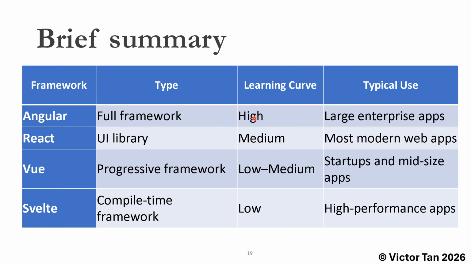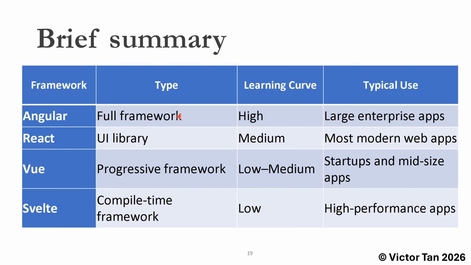Okay, let's briefly compare the different front-end frameworks and libraries. Now, Angular is what we call a full framework, which means once you use Angular, you pretty much don't have to import or utilize other libraries as dependencies in your Angular app, because within Angular itself is pretty much everything you need for a full front-end framework.